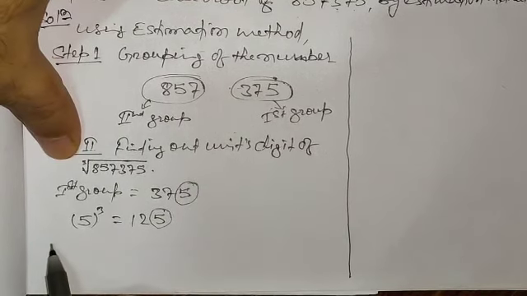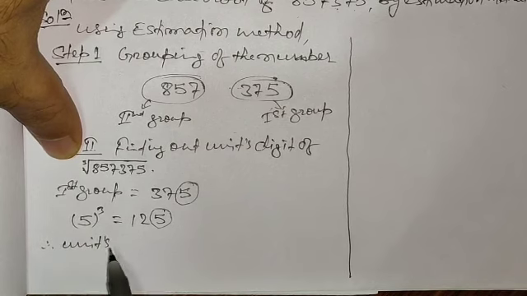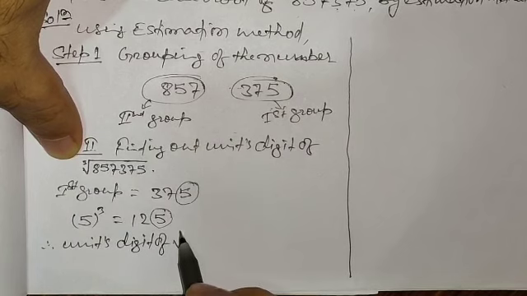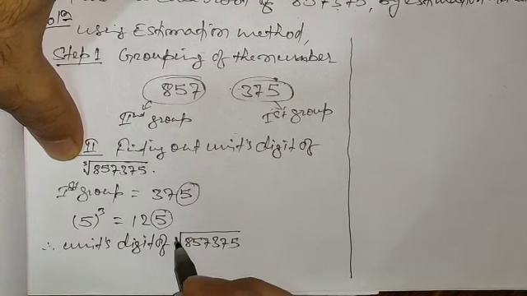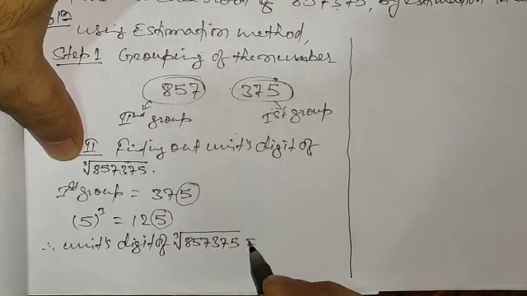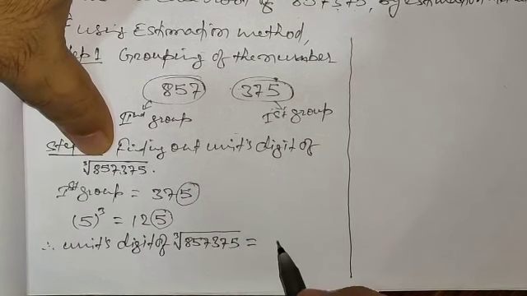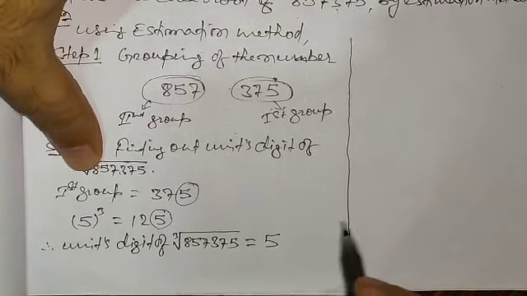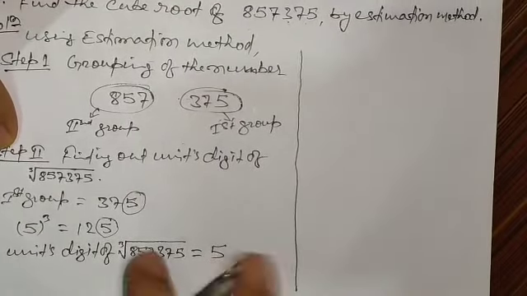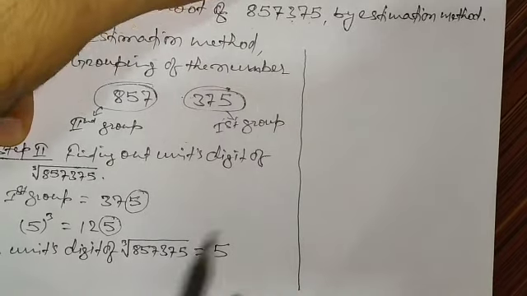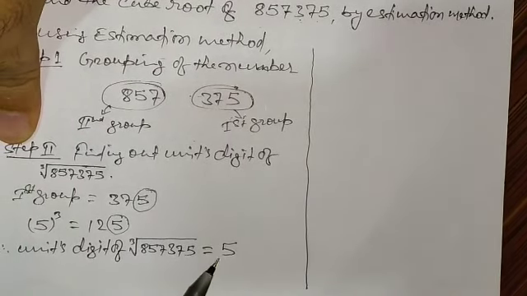So units place we can directly write, therefore units digit of cube root of 857,375 is equals to 5. Okay, so we had found out the units place value of the cube root.